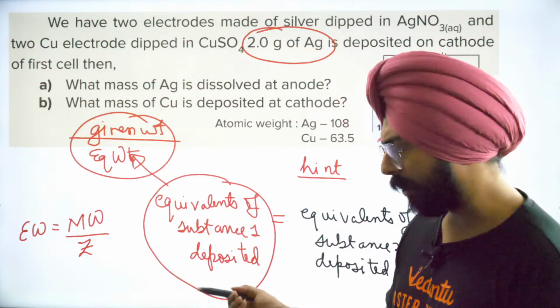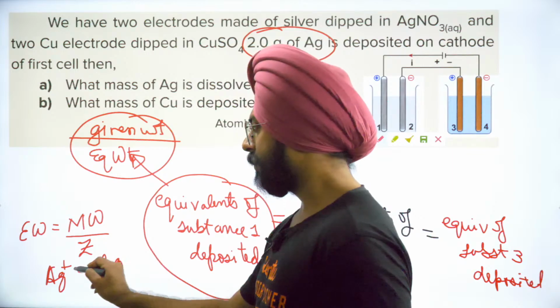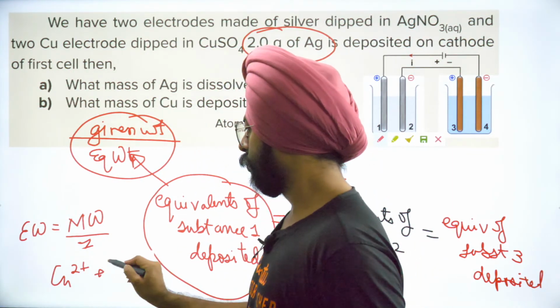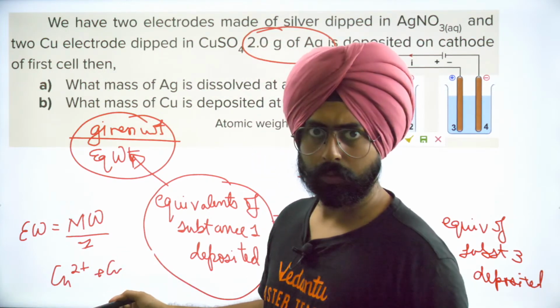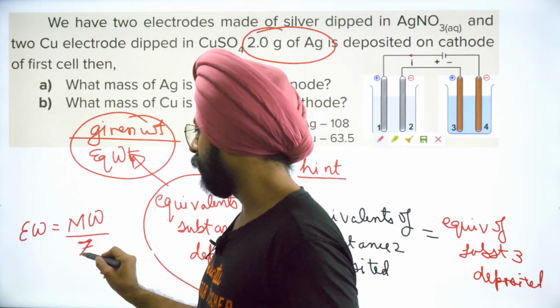Okay, so silver में basically silver is going from Ag positive to Ag, so valency factor over here is 1. Copper में copper 2 positive is going to copper, so the valency factor is 2. So use that information to calculate the equivalent weight, and that's all.